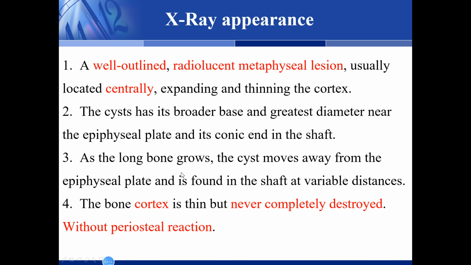As the long bone grows, the cyst moves away from the epiphyseal plate and is found in the shaft at variable distances. 4. The bone cortex is thin but never completely destroyed, without periosteal reaction.